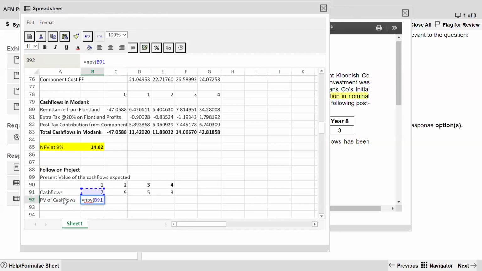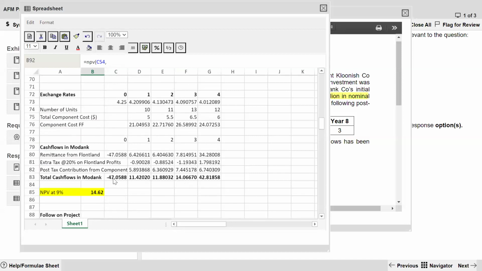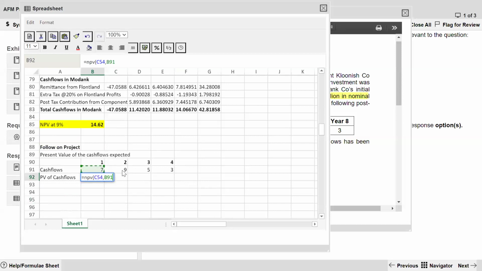NPV bracket open, the discount rate, which is this, comma, all the values. 19.9847. Now, what do you need to do?